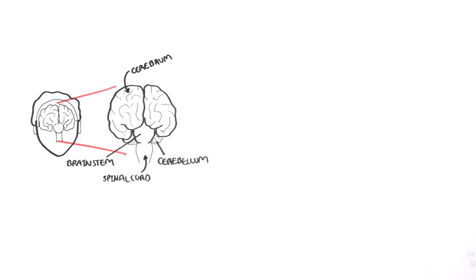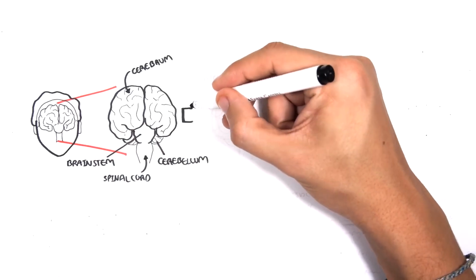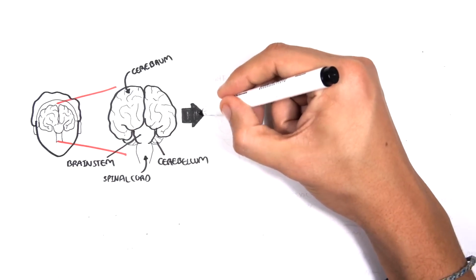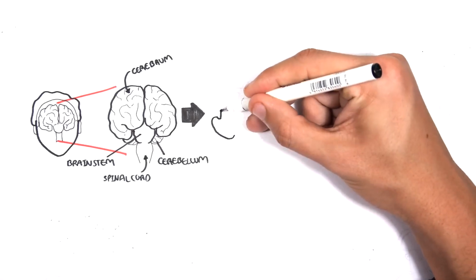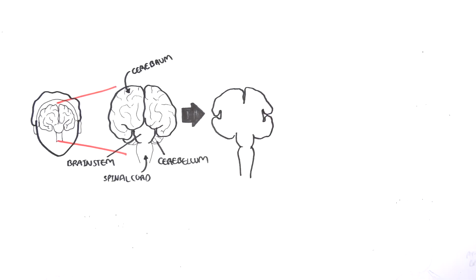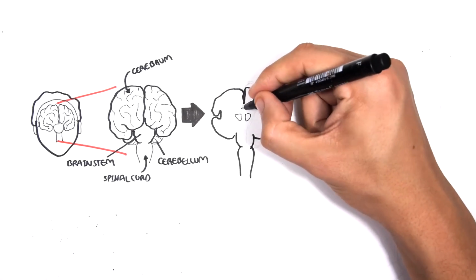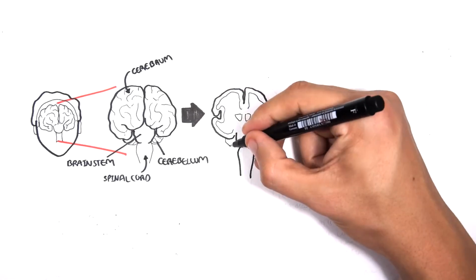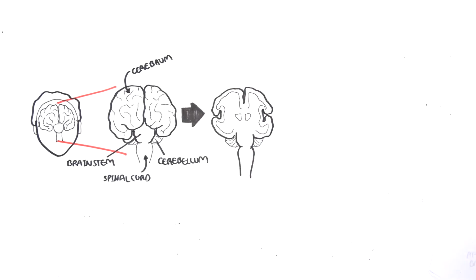Let's now cut a cross section of the brain, and we are looking at it from the front, so straight at it. In this brain section, we are looking at the motor cortex, the area of the cerebrum which helps initiate movement, specifically voluntary movement.